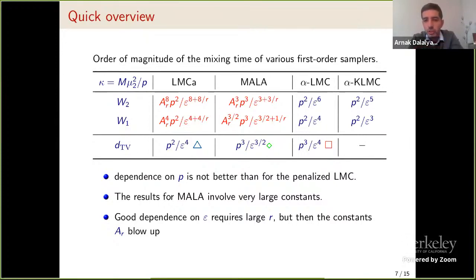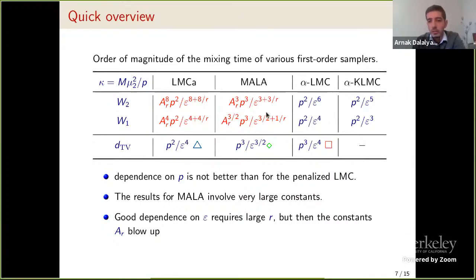The formulas written here in red are complicated, so I will not read them, I will just quickly comment on them. Compare the second row and second column, and assume that r is equal to infinity and forget about the factor A_r to power 8. What we get here is p squared over epsilon 8, which is worse than the p squared over epsilon 6 that we get by our method that I will describe later.